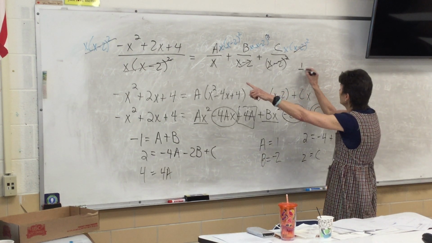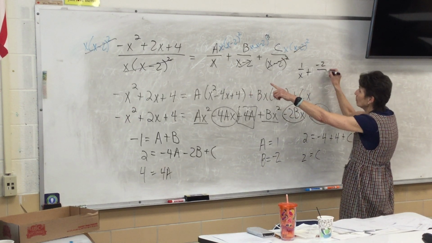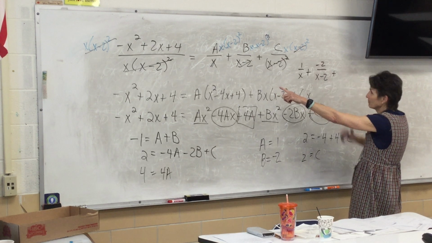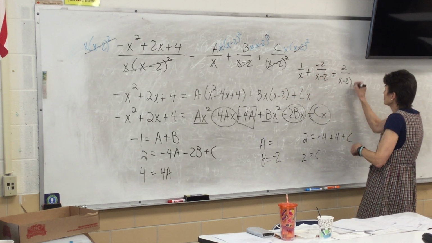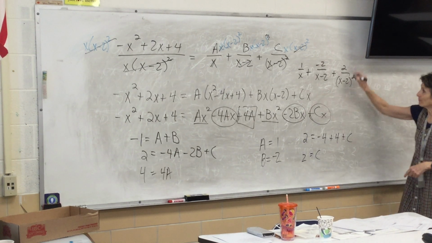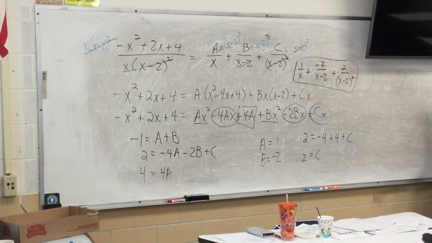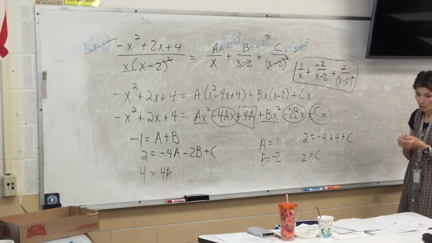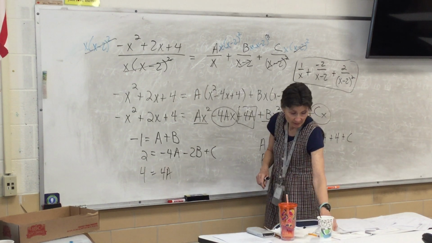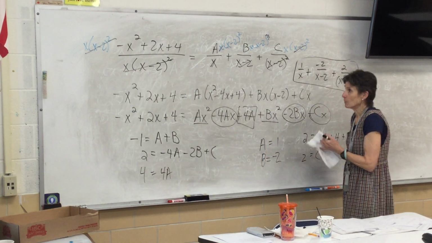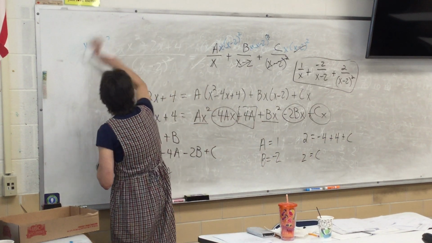So a over x plus b over x minus 2 plus c over x minus 2 squared. That right there is the answer to the question. Those are called the partial fractions. Those are the little fractions that when added together give me the big fraction.